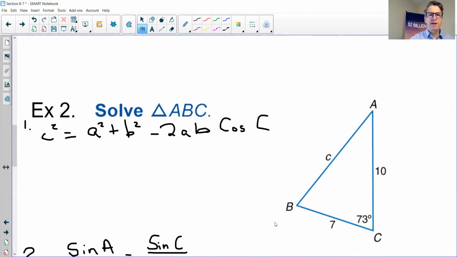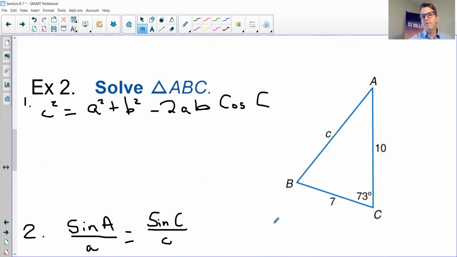Example 2 for today. We have side b as 10, angle C as 73, and side a as 7. So this is a, this is going to be side b, and this is angle C. Step 1, we're going to use the law of cosines to find the side c.